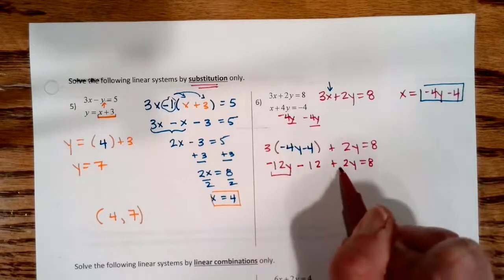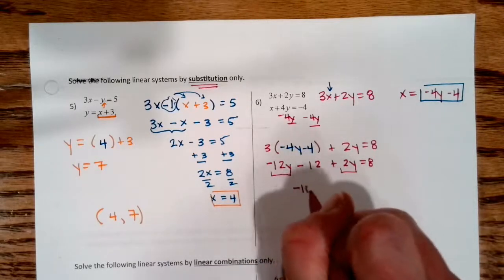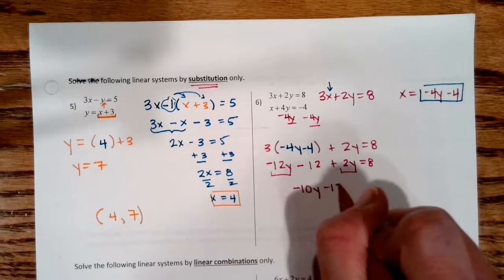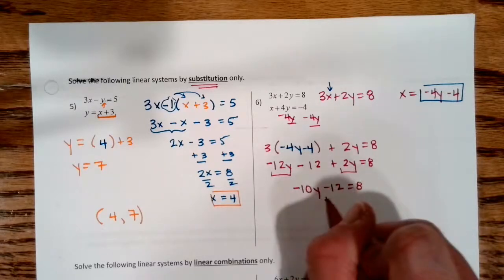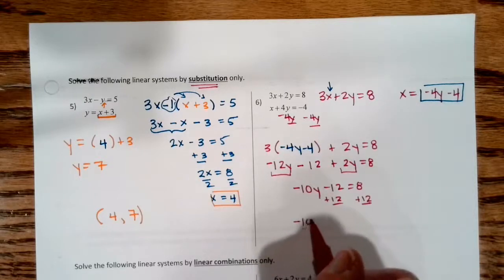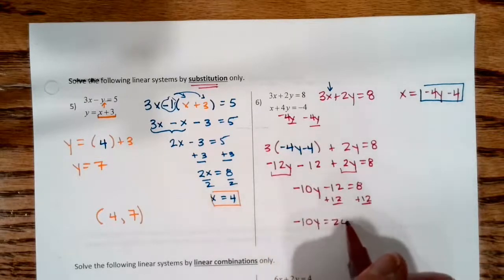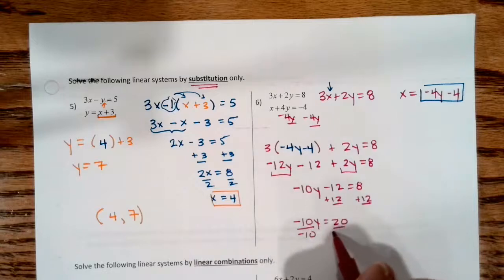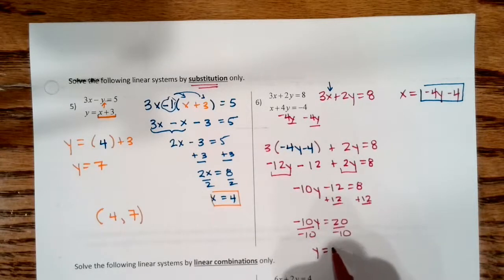I'm going to combine like terms. This makes negative 10y minus 12 is equal to 8. I'll add 12 to each side. Negative 10y is equal to 20. Divide by negative 10, and y is equal to negative 2.